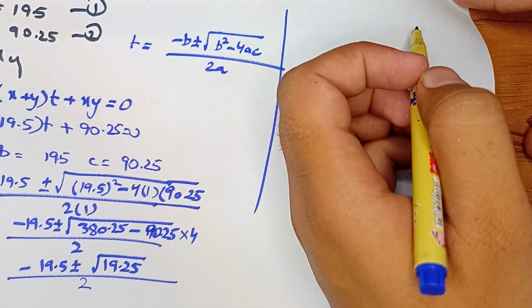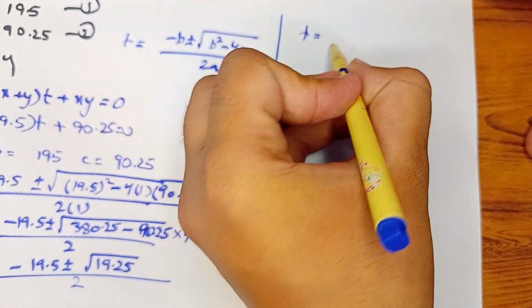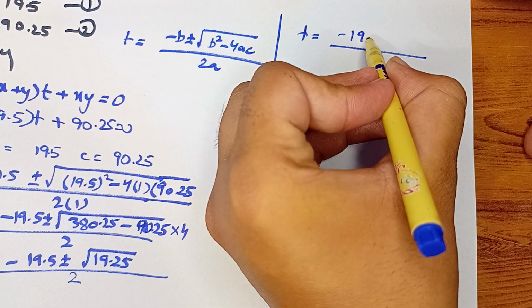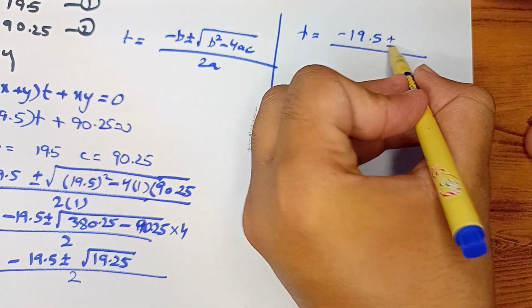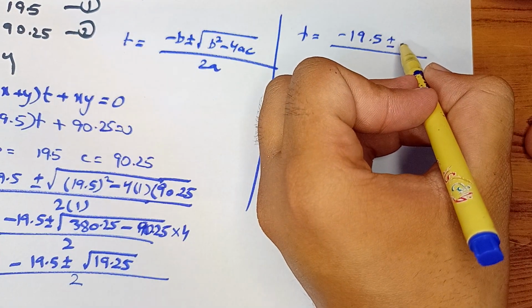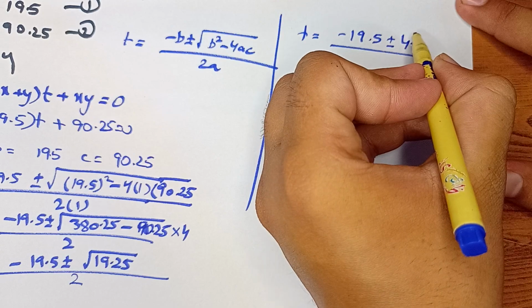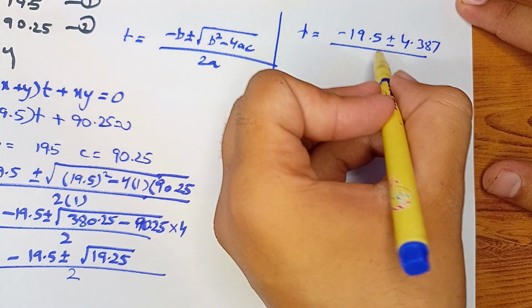I hope you see it, and then t is equal to minus 19.5 plus or minus the square root, which is equal to 4.387, and divide by 2.